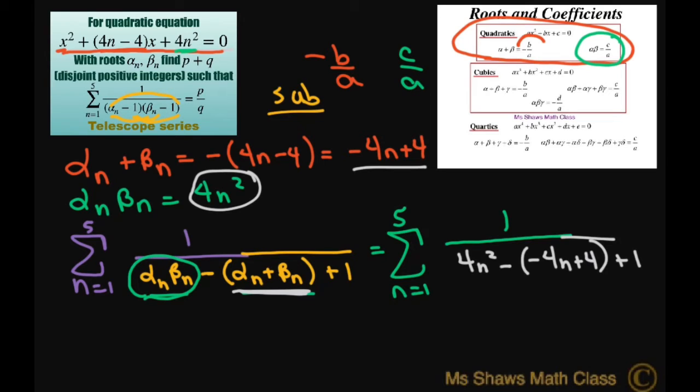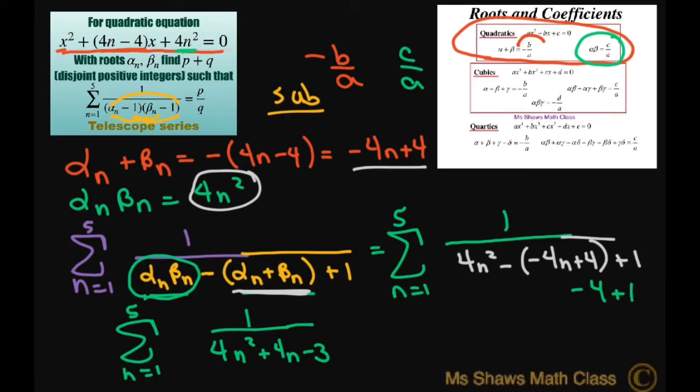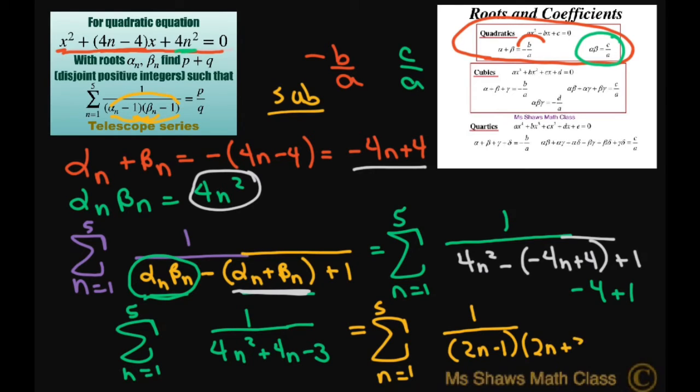And this is going to simplify to the sum from n equals 1 to 5 of 1 divided by 4n squared plus 4n, and this is going to be negative 4 plus 1, so it's going to be minus 3. And then let's factor that: this is going to be the sum from n equals 1 to 5 of 1 divided by (2n minus 1) times (2n plus 3).